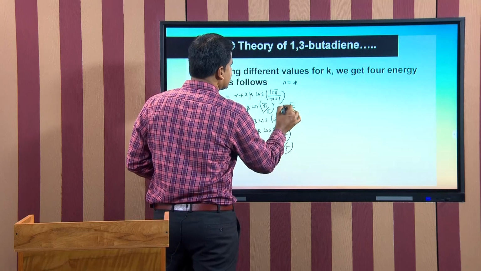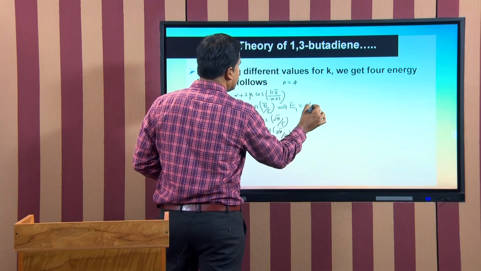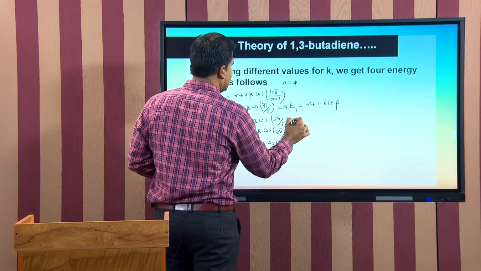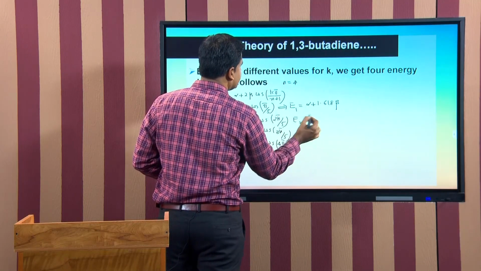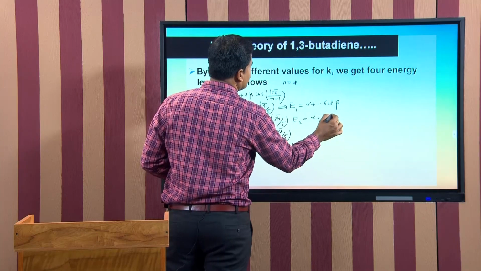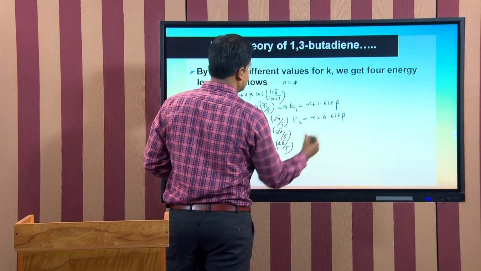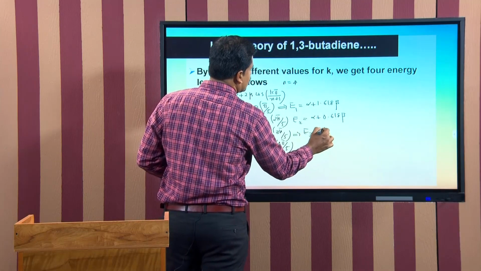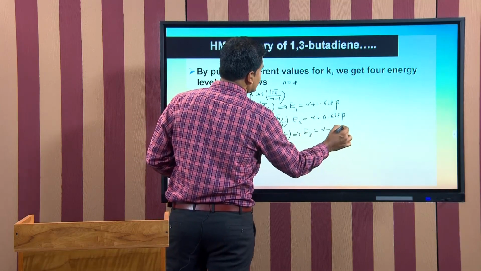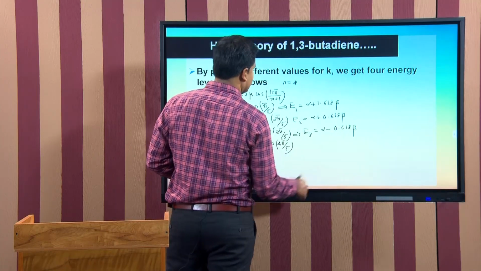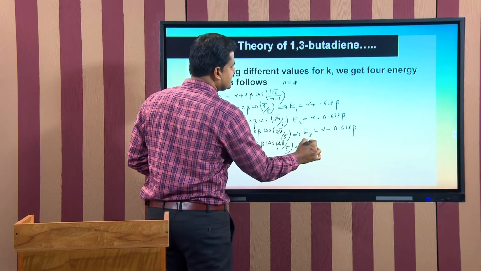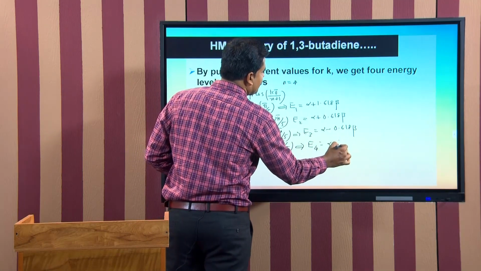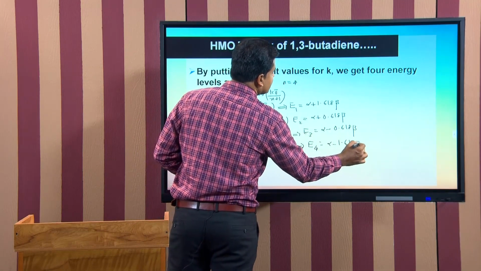From this we get E1 equal to alpha plus 1.618 beta, E2 equal to alpha plus 0.618 beta, E3 equal to alpha minus 0.618 beta, and finally the fourth energy level E4 is equal to alpha minus 1.618 beta.